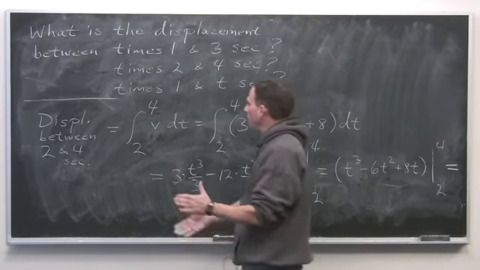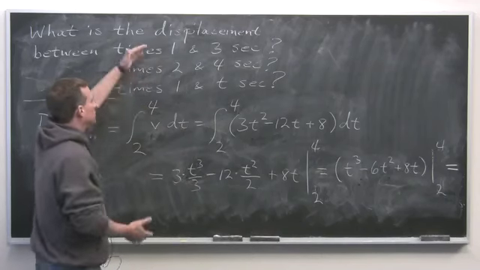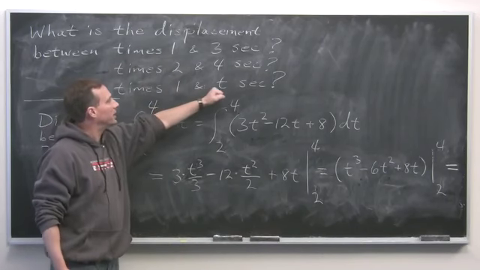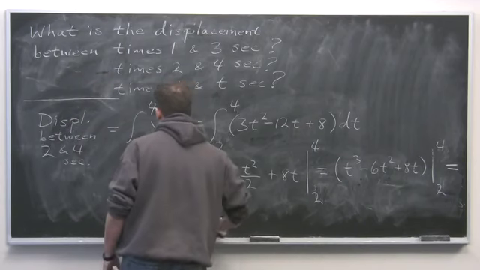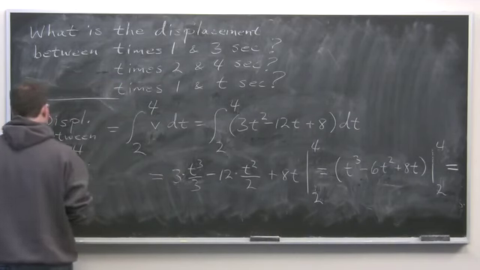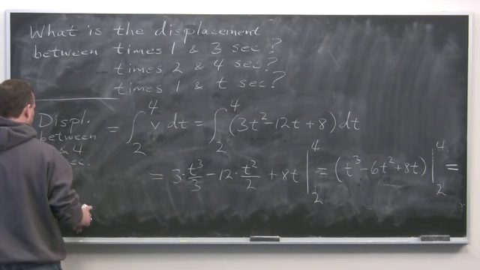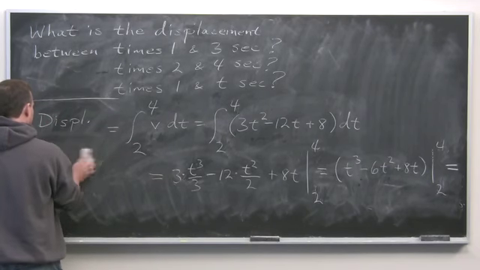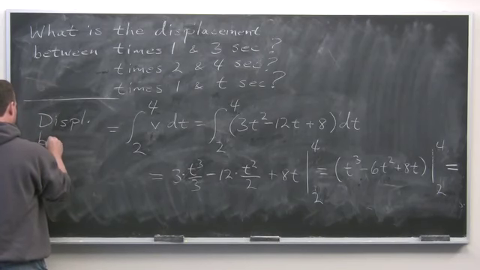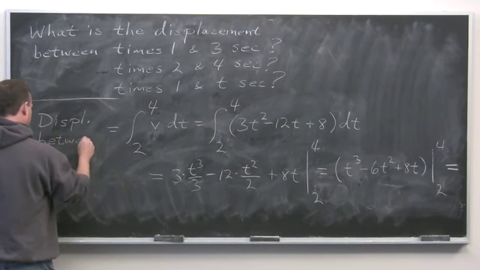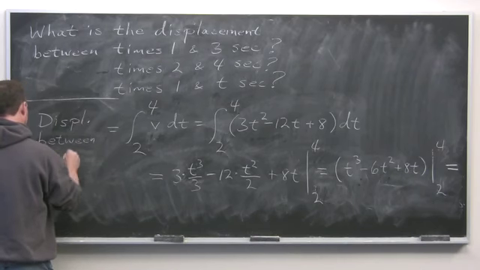All right, what if you want the displacement between times 1 and t as a function of t? What changes there? Well, a couple of things. So we change this, of course, to displacement between 1 and t seconds.